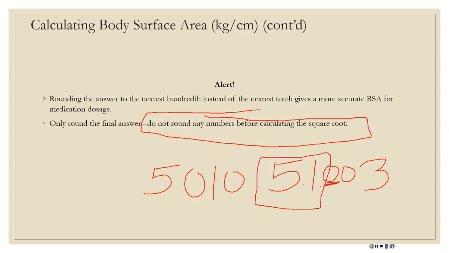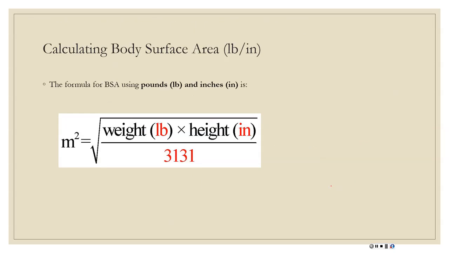So this applies when you don't have this type of a situation. But otherwise, if you have all numbers in there that aren't zeros, you're going to round no sooner than that hundredths position.